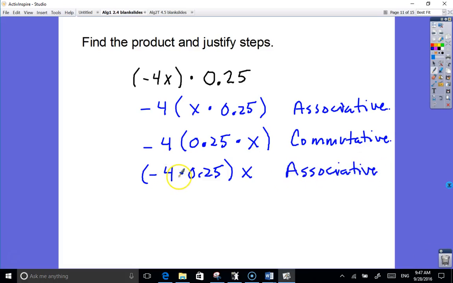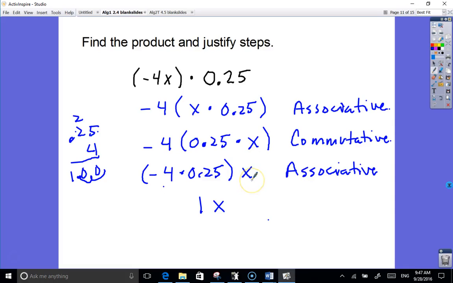And then finally, what is -4 times 0.25? If you multiply by 0.25, 4 times 5 is 20, 4 times 2 is 8, plus 2 is 10, and the decimal point moves over 2 places. So that's actually -1x.